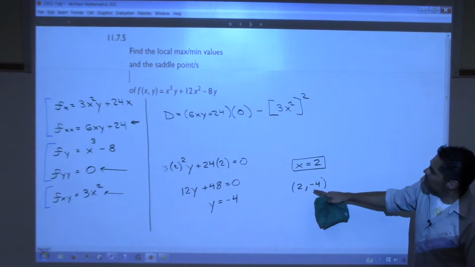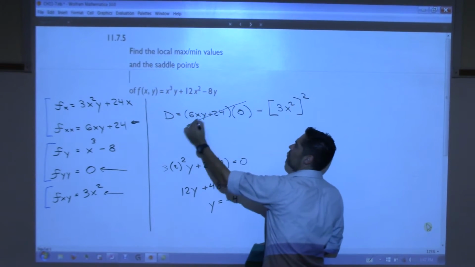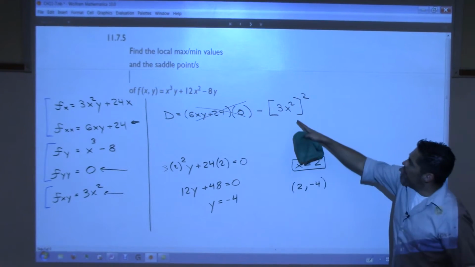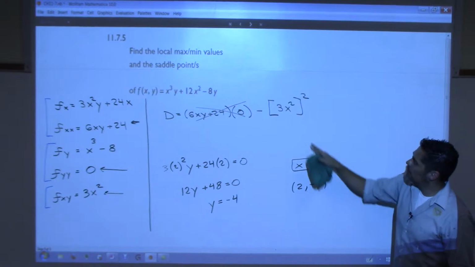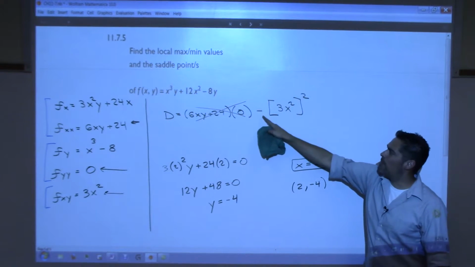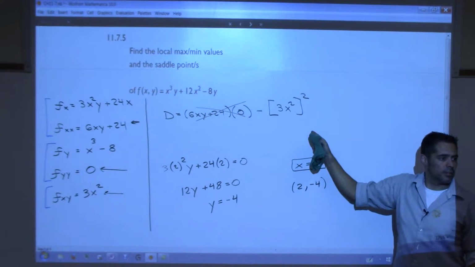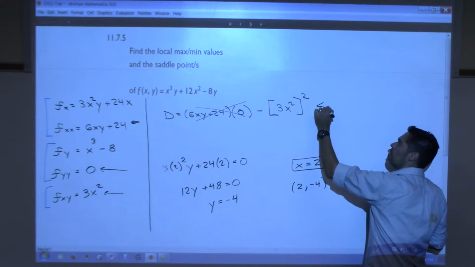What I'm going to do is this won't matter because this is all going to be 0, right? And when I plug in x is 2, that's going to give me a number squared. It's going to be minus a positive number. It's going to be a negative number, isn't it? So that's less than 0.